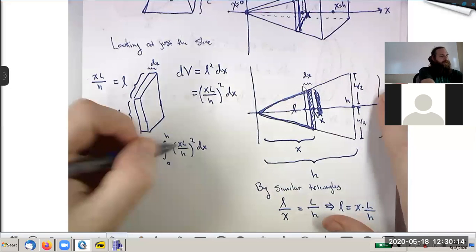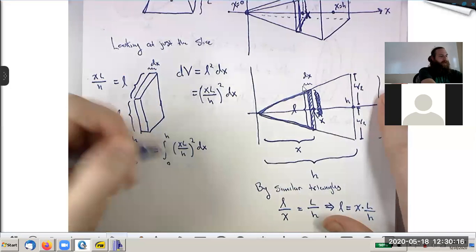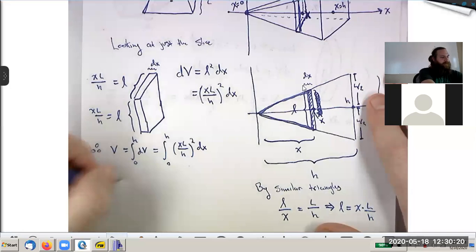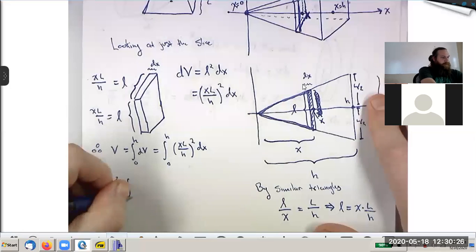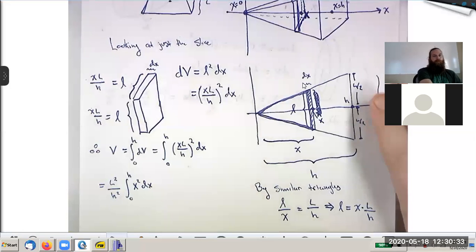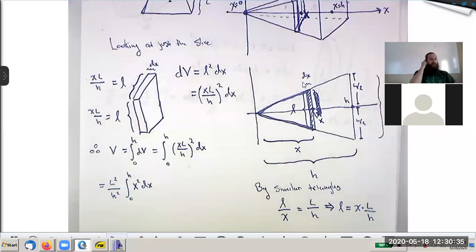Now, when you square this fraction, you get x squared L squared over h squared. The L and the h are both constants. So this is equal to L squared over h squared times the integral from 0 to h of x squared dx. We're being careful with our notation.